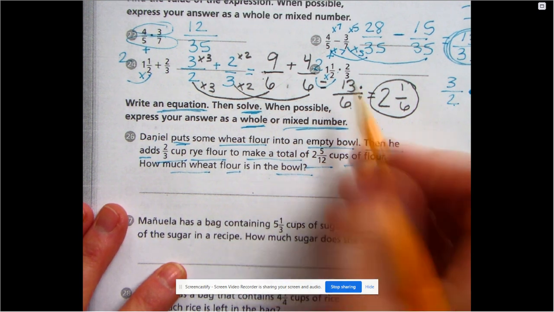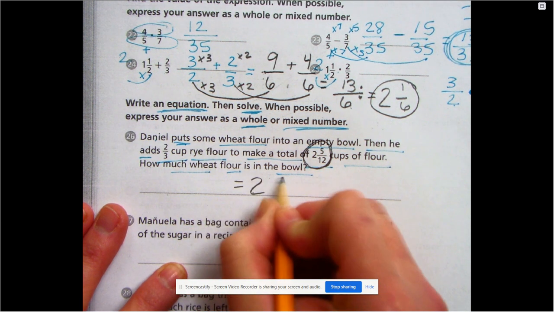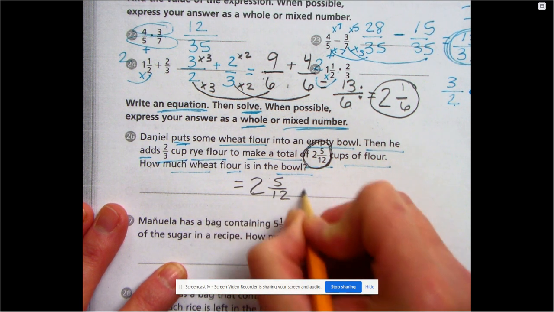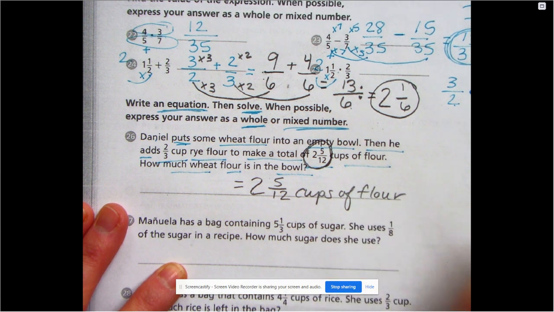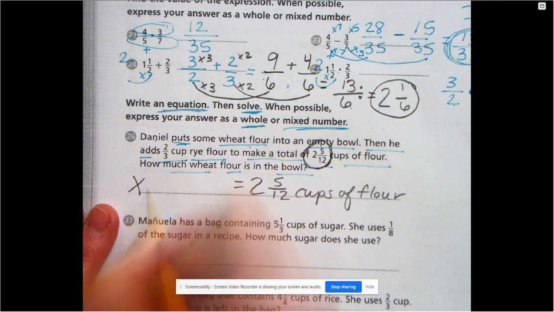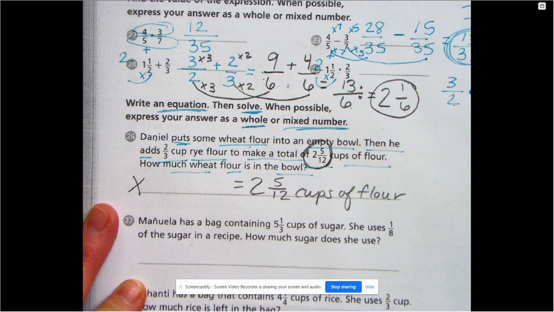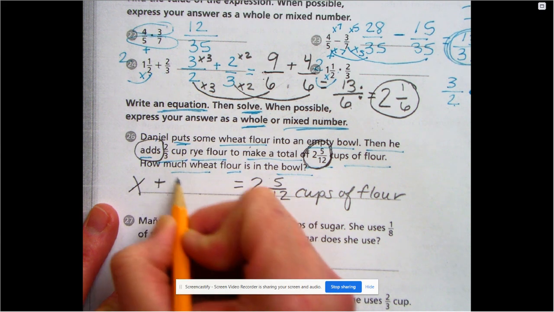So I'm noticing it told me that his total is 2 and 5/12 cups of flour. It also said that he had some wheat flour. I'm just going to use X. I don't know how much wheat flour he put in. And then it says that he added some rye flour.